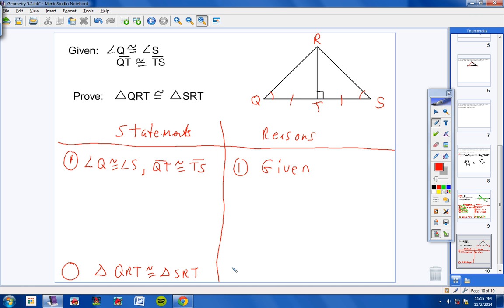Now, my reasons for that is going to have to be that I've only learned two ways to prove that triangles are congruent. So it's either side, side, side, or side, angle, side. Okay, let's take a look and see here.